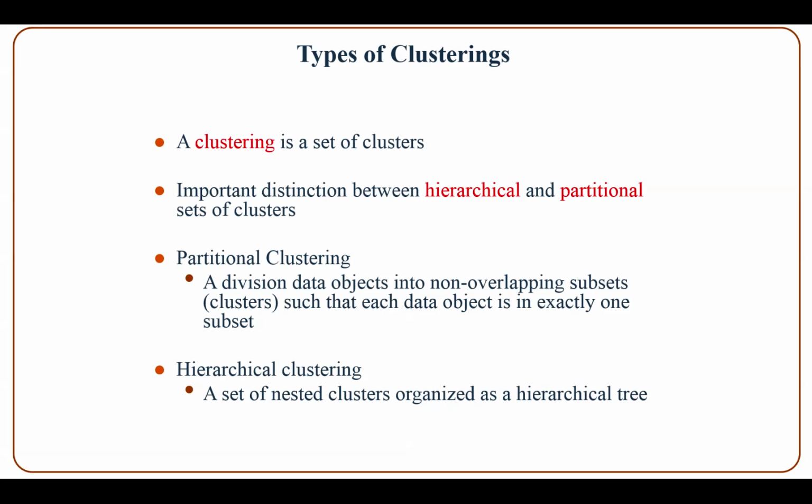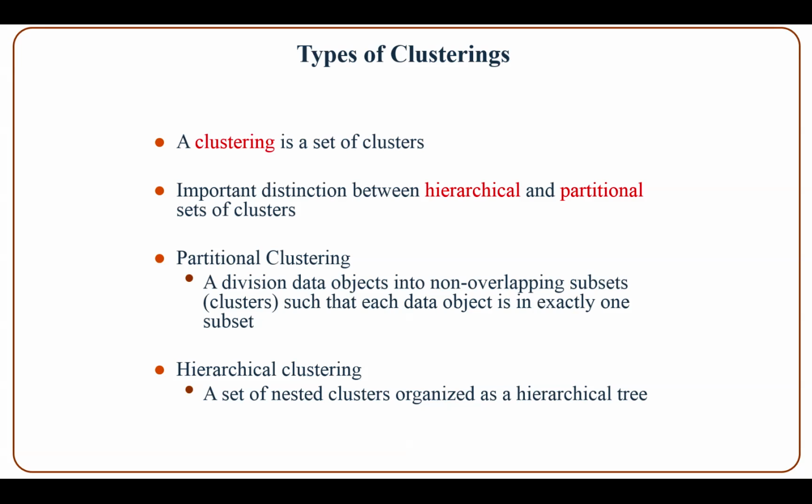A clustering is a set of clusters, and there is an important distinction between hierarchical and partitional sets of clusters. In partitional clustering, objects are divided into non-overlapping subsets or clusters, such that each object is in exactly one subset.